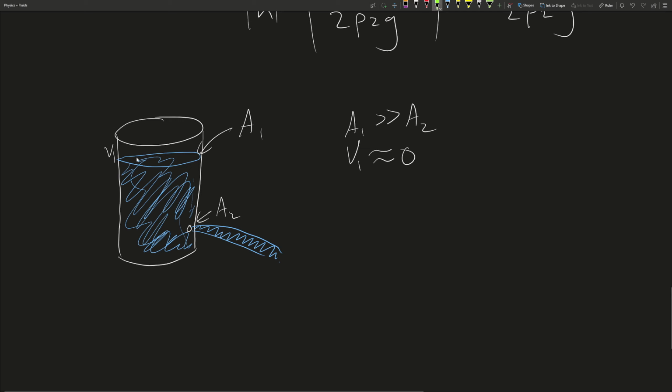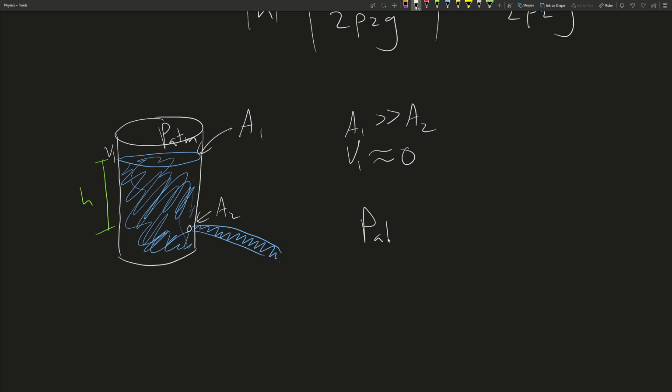Now, this hole is a distance h below the surface. So now if we do Bernoulli's equation, we know that pressure 1 is atmospheric pressure, because this is open to the atmosphere.